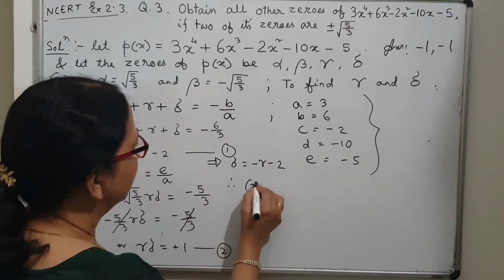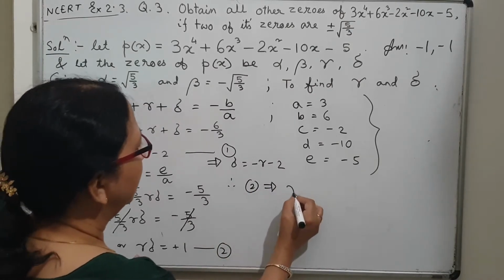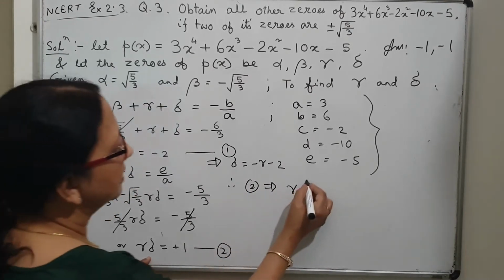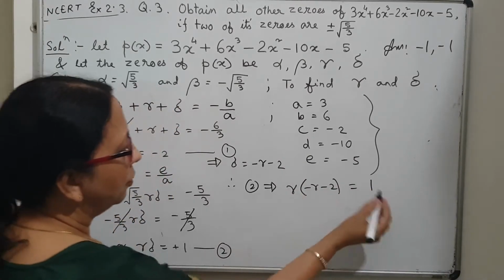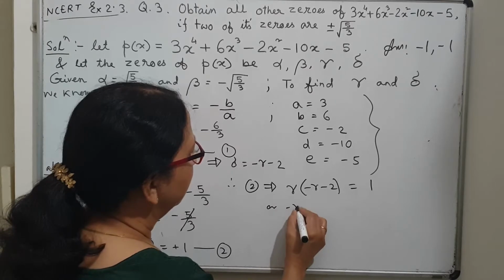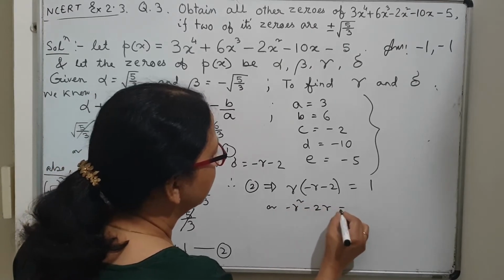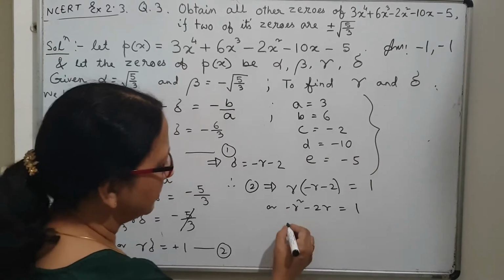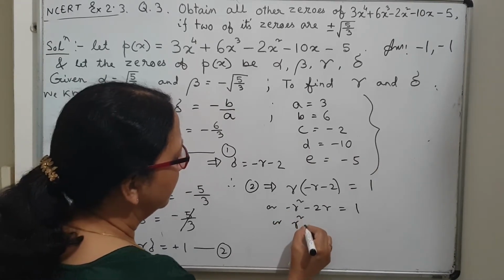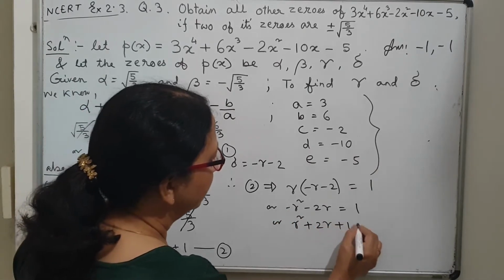Therefore equation 2 becomes gamma into delta, in place of delta I write minus gamma minus 2, is equal to 1. So open it, minus gamma square minus 2 gamma is equal to 1. Transpose these two terms to the other side, so both will become plus: gamma square plus 2 gamma plus 1 is equal to 0.